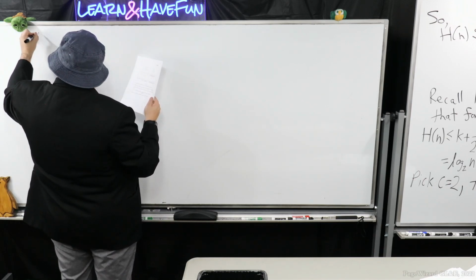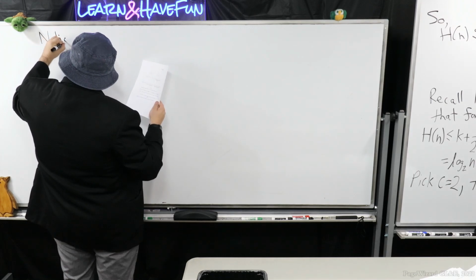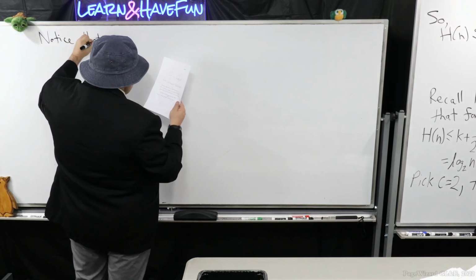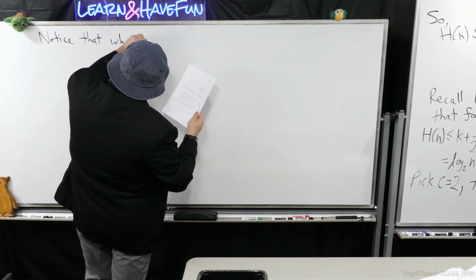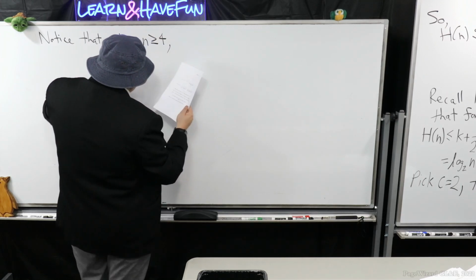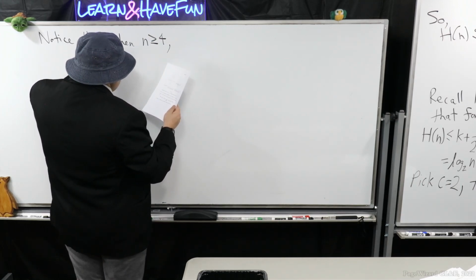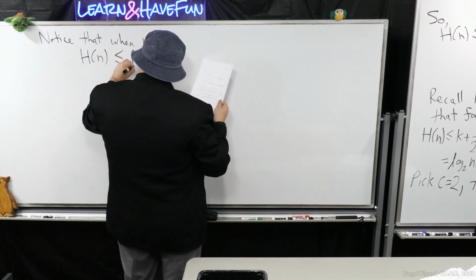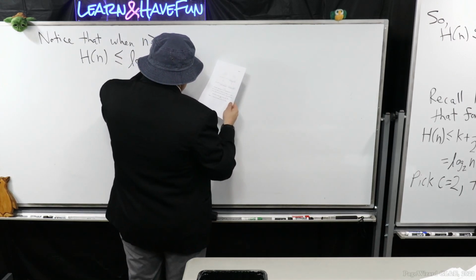So notice that when n is greater than or equal to 4, h of n is less than or equal to, remember that we established this earlier, log base 2 of n plus 2, right?